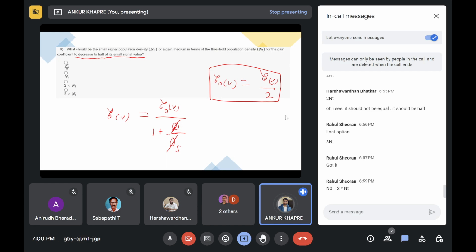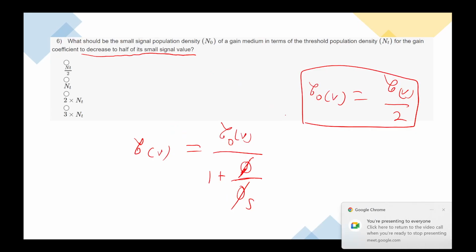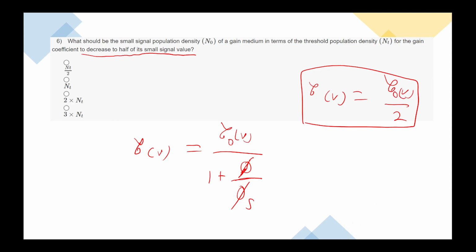I think I made one mistake here. It should be gamma naught by gamma naught by 2. Yeah, this should be reversed. Sorry guys. Yeah, now you keep it.